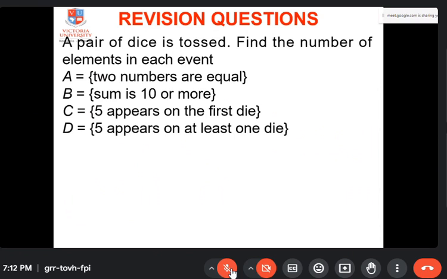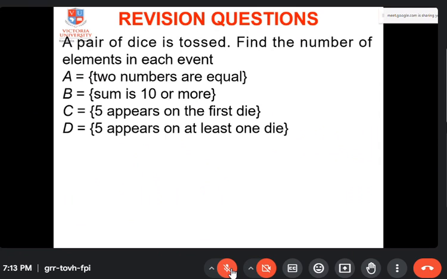Excuse me, sir. Yes, please. Two numbers are equal. May I say that you want both? Maybe you first mention them, then we will count. So you can have 1, 1.